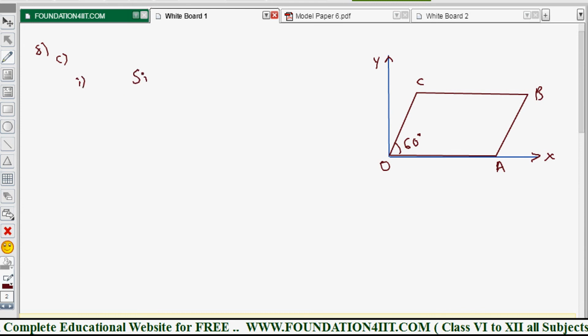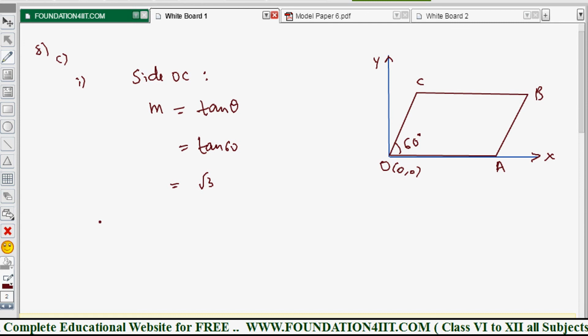First, for side OC, the slope is tan theta, right? The angle is given as 60 degrees, so tan 60 is root 3, and it passes through O, that is 0 comma 0.